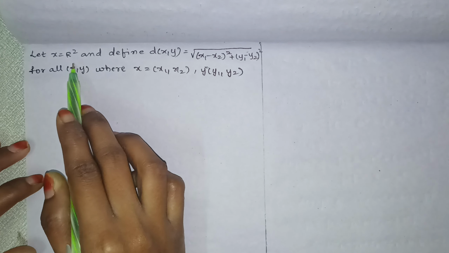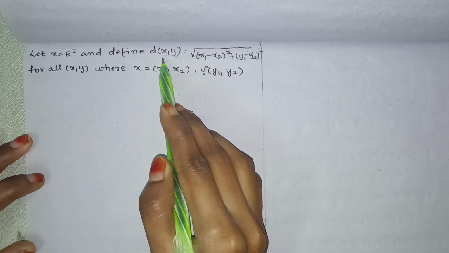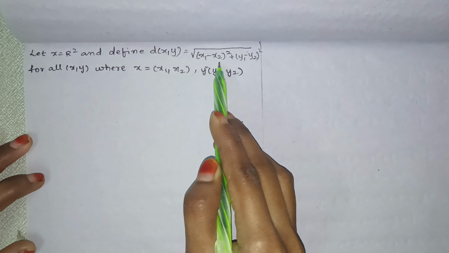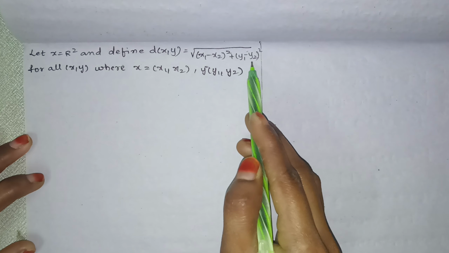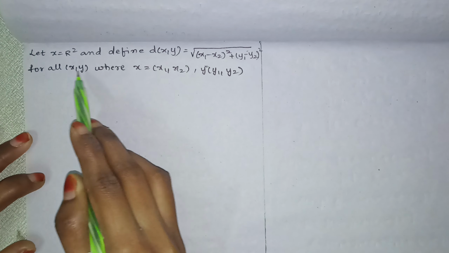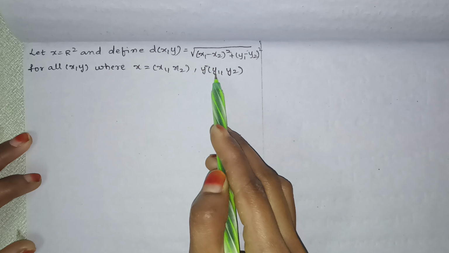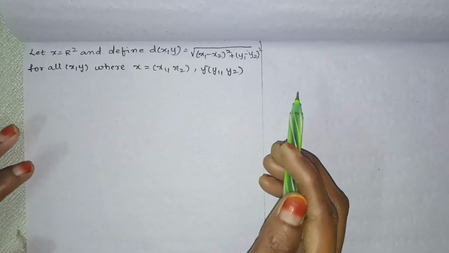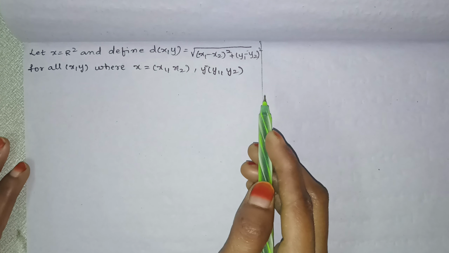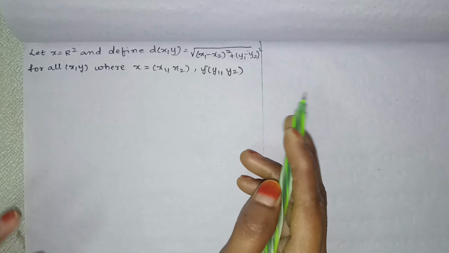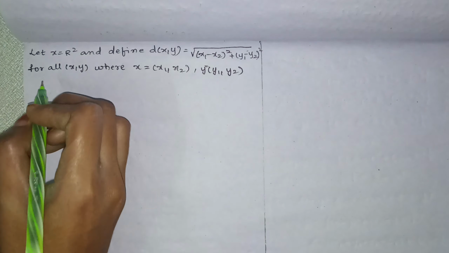Let X equals R square and define d of x comma y equals under root (x1 minus x2) whole square plus (y1 minus y2) whole square for all x comma y, where x equals (x1, x2) and y equals (y1, y2). First, when you see a problem, try to write down what are the given parts and what we need to prove, what we need to solve.